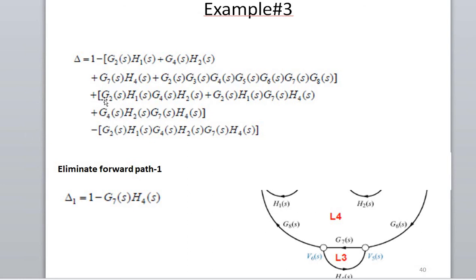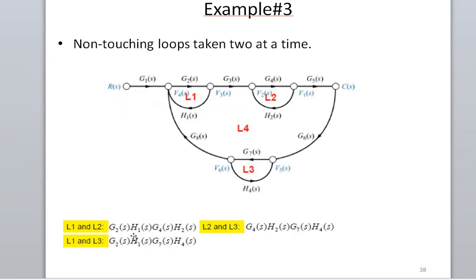Then plus, inside the bracket, the combinations of 2 non-touching loops, that are L1 L2, L2 L3 and L1 L3, shown here. The products of the combinations of 2 non-touching loops are written here. So we have to take this.